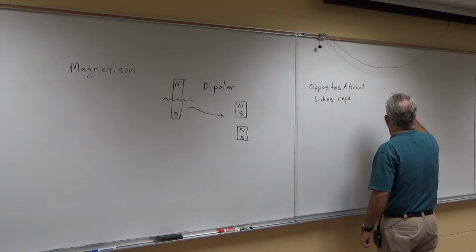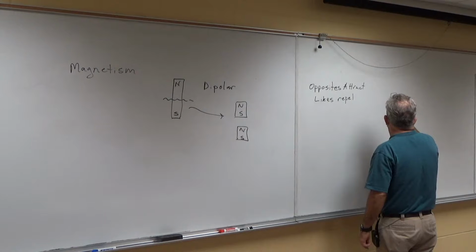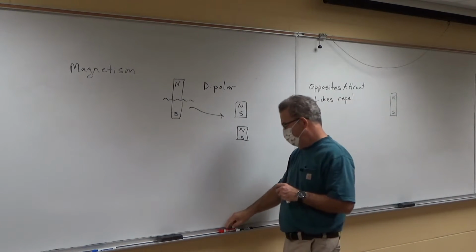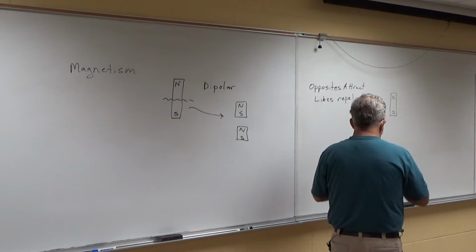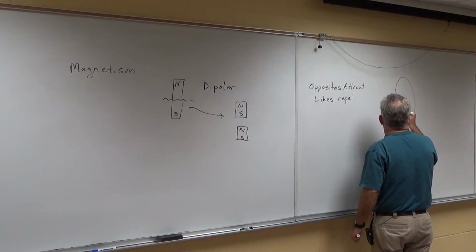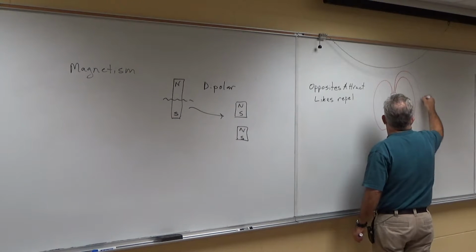Here's that bar magnet again. The magnetic field lines always emanate from the north and they enter into the south. So they're like this, this is the best I can do.